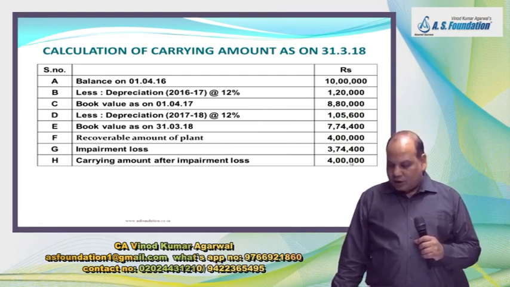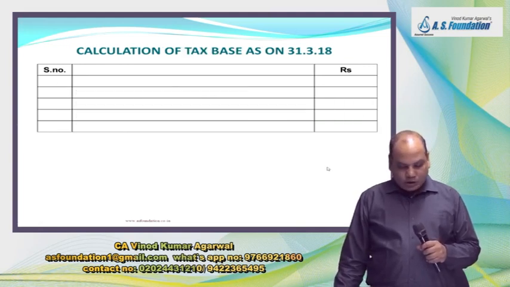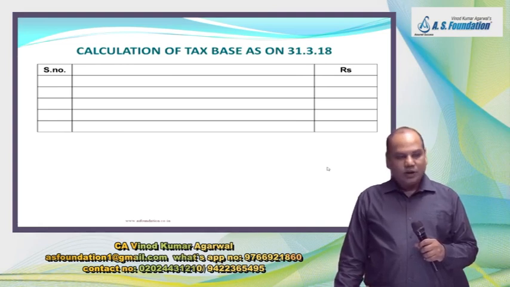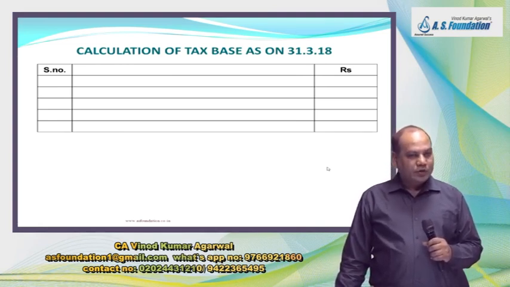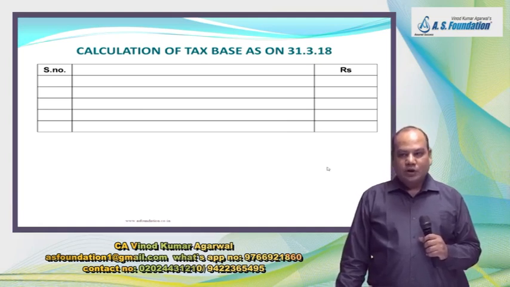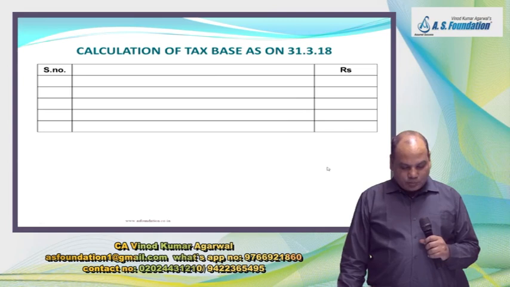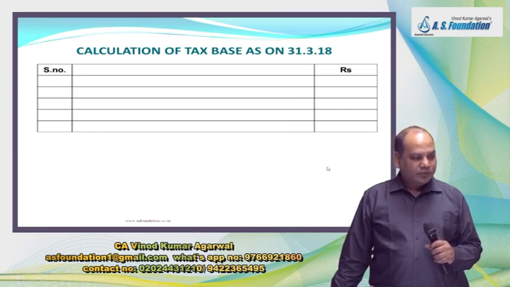Now this is my carrying amount. I need to compare it with the tax base. So below that write down the next line, tax base as on 31st March 2018. Then write down the cost, 10 lakh minus 18%, minus 18%, 2 times, because 2 years have expired.